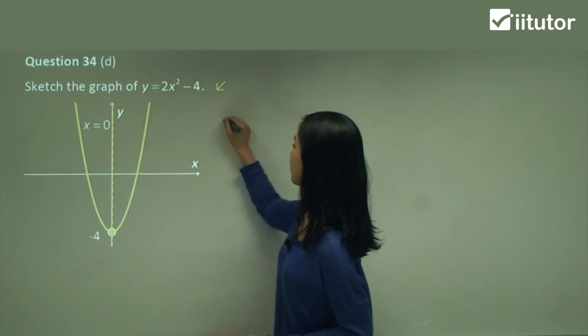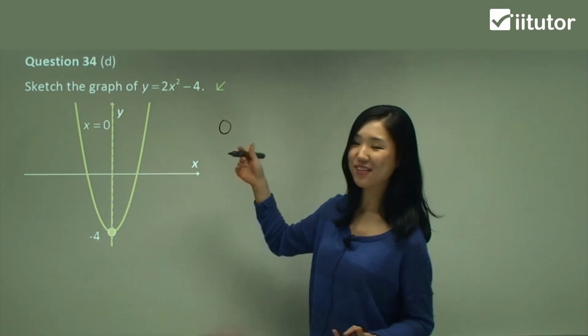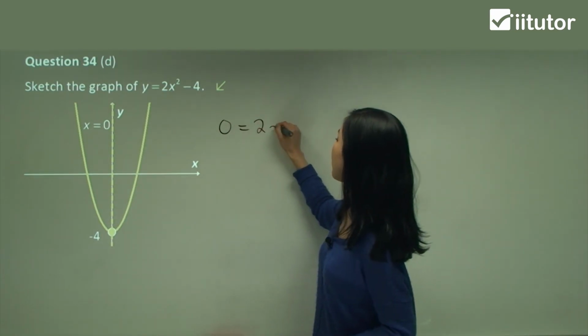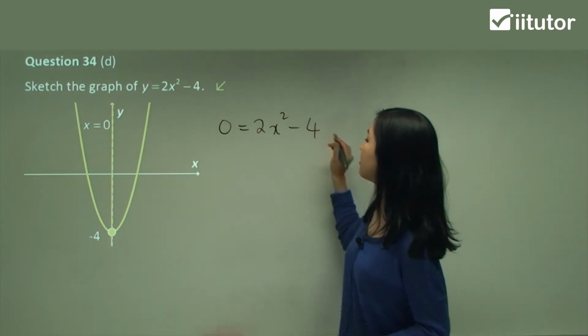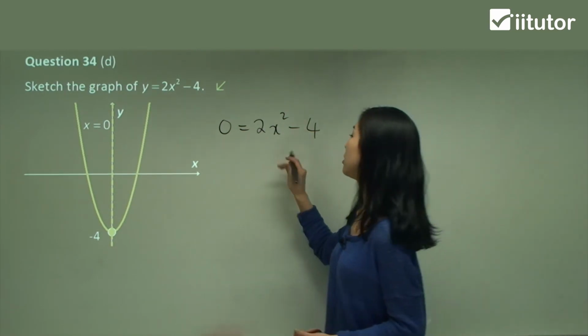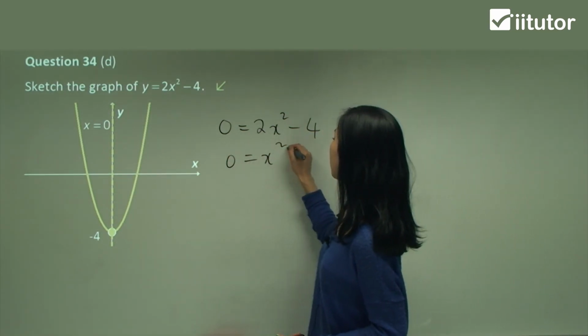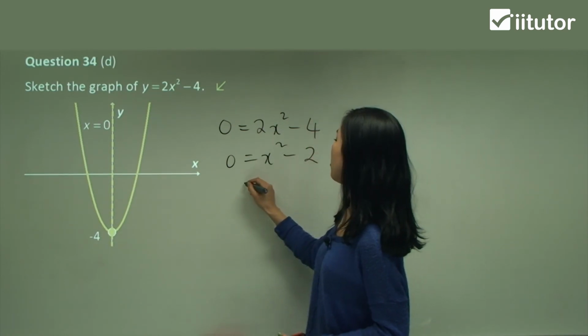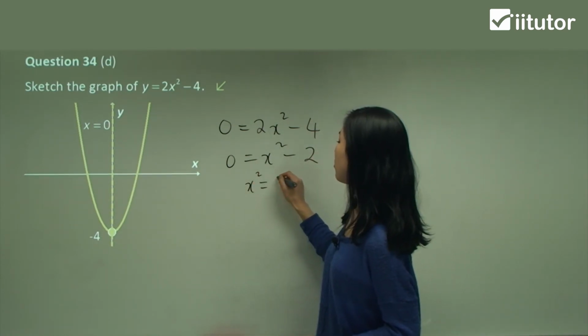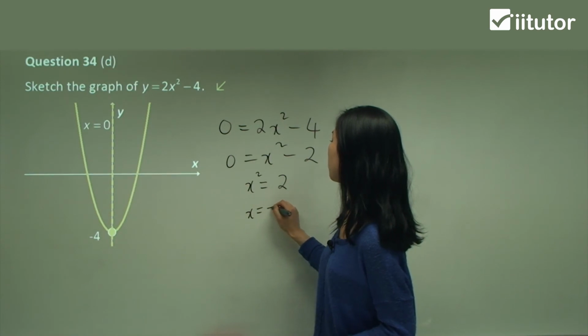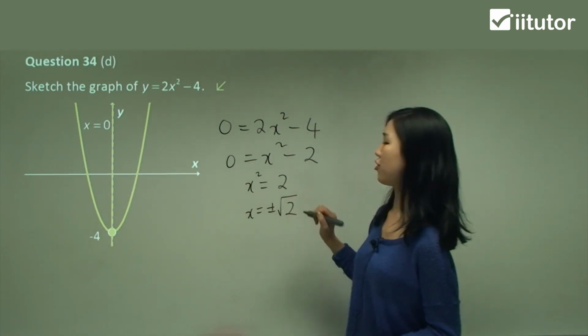So I'll make y equals 0 to find the x-intercept, just like this. I'll divide both sides by 2, because this is common. So x squared will be 2, x will be plus or minus √2.